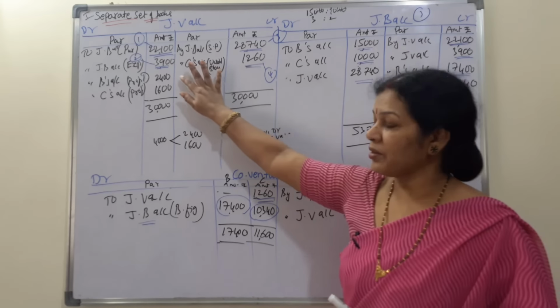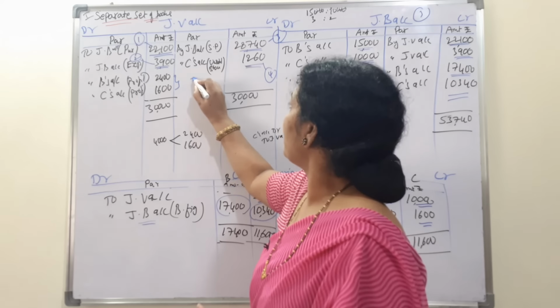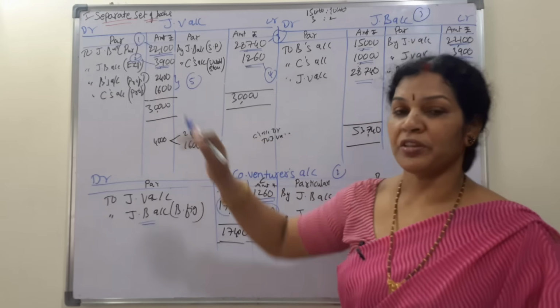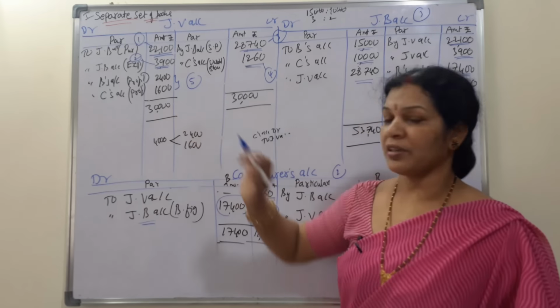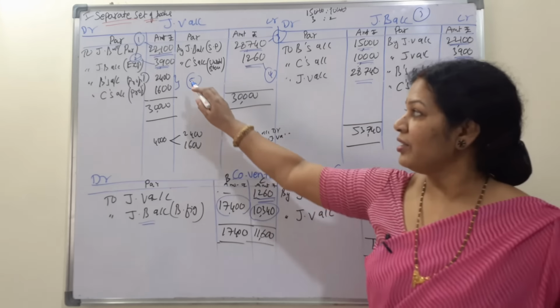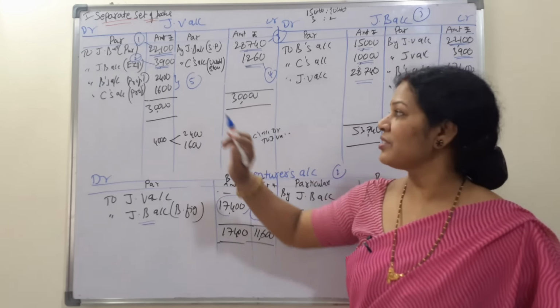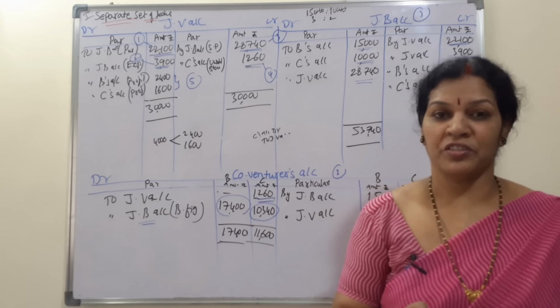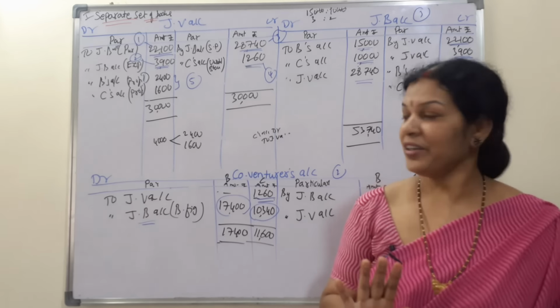Next, after that, sharing the profits or losses. For this, one entry, the fifth one. Joint venture account debit to B's account 2,400, C's account 1,600. Joint venture account at 4,000 to B 2,400, to C 1,600, being profits shared between the co-venturers. 5 entries are over.